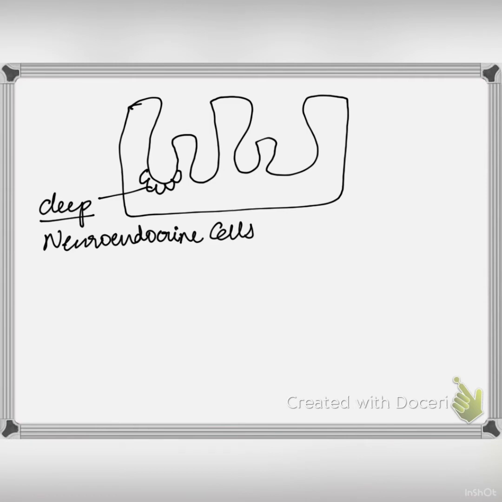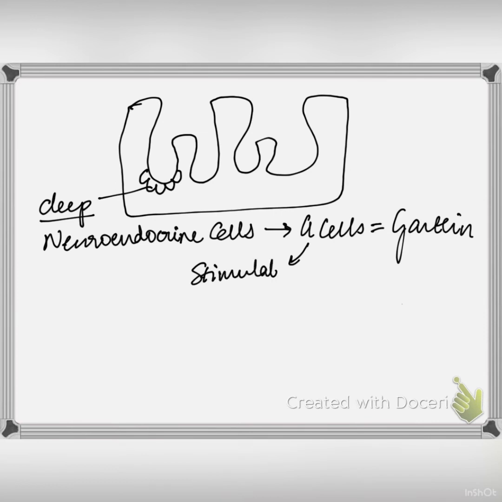These neuroendocrine cells include G cells, which produce gastrin. These G cells stimulate enterochromaffin cells. We must all have heard about enterochromaffin cells. So what exactly are these enterochromaffin cells?